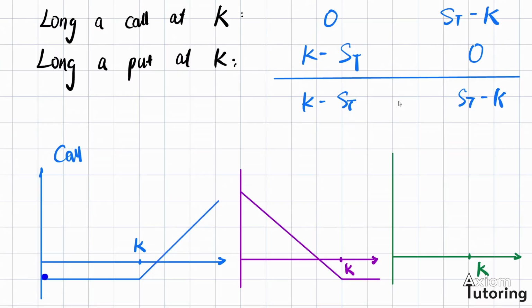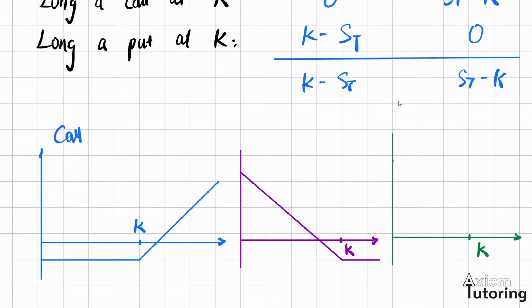Remember, we're buying both of them, so the cost will be combined as well. To illustrate this, we can move this down below here, and then it goes back up. So the overall payoff is going to be this V-shaped payoff diagram.